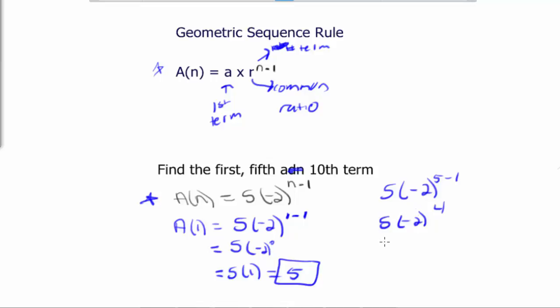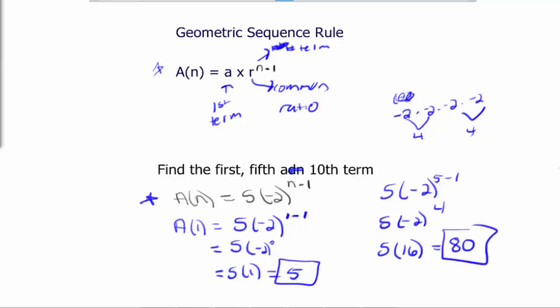Put -2 to the 4th in your calculator, and make sure you put it in parentheses, because you should get a positive number. -2 times -2 is positive 4, and then positive 16. Then 5 times 16 is 80. Make sure you do your exponent first. So that would be your 5th term.